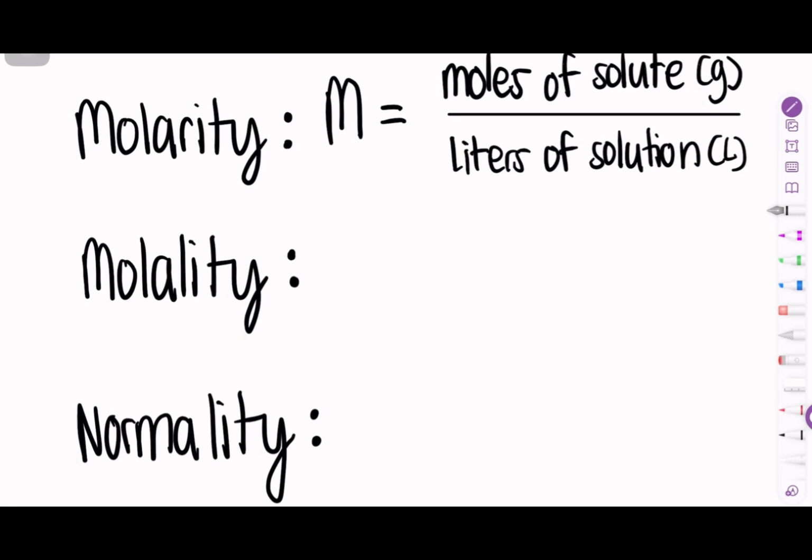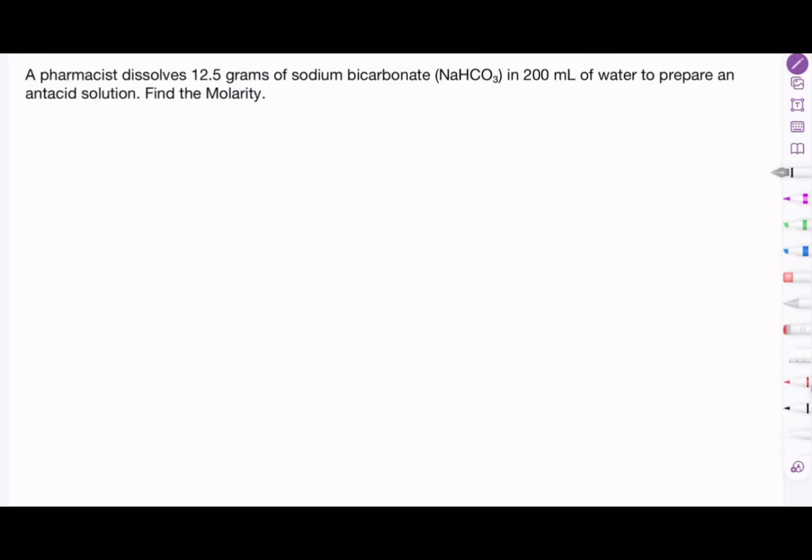Now, let's get right into the practice problems. A pharmacist dissolves 12.5 grams of sodium bicarbonate in 200 milliliters of water to prepare an antacid solution. Find the molarity. Now, the first thing we need to do is to find the given, which are the 12.5 grams of sodium bicarbonate and the 200 milliliters of water, which is the volume.